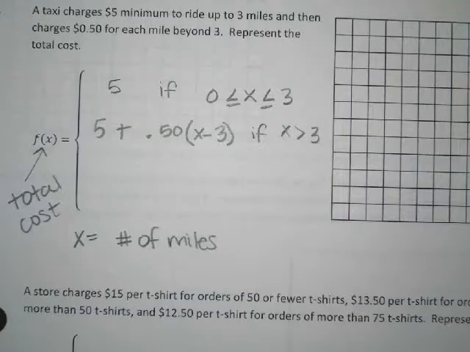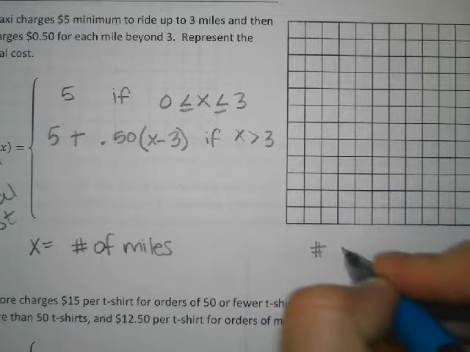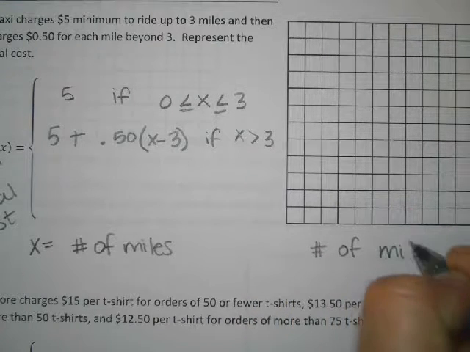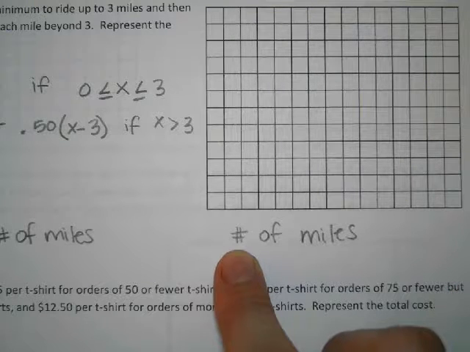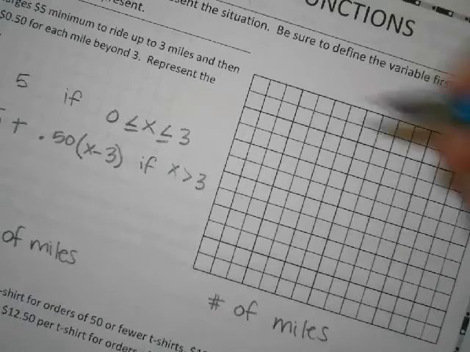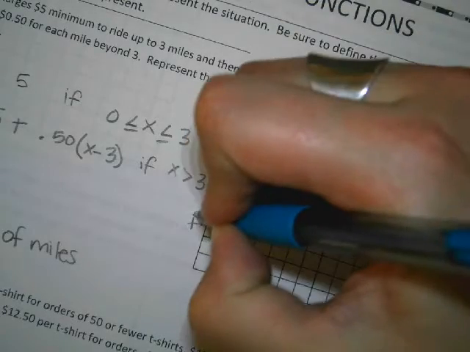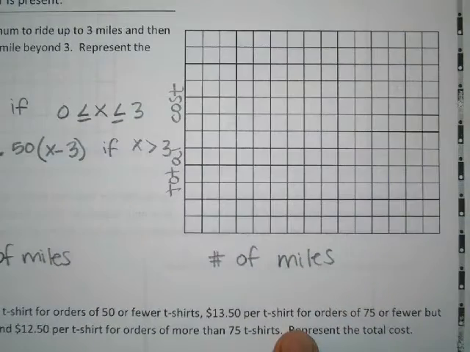Okay, so along the x-axis in our picture, we're going to have the number of miles. In case you guys were wondering, this symbol doesn't only mean hashtag, it also means number, or pound. Right? And then on the y-axis, we're going to write total cost. So number of miles, total cost.